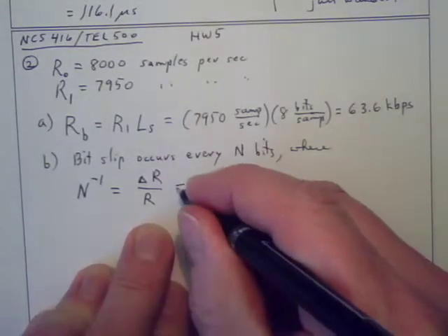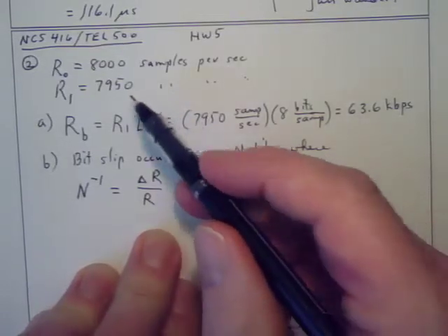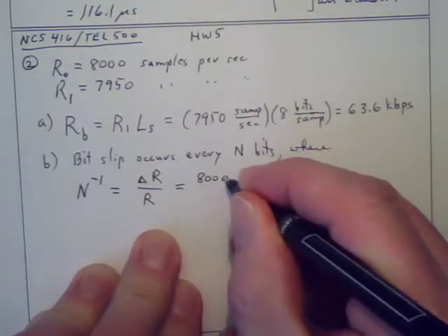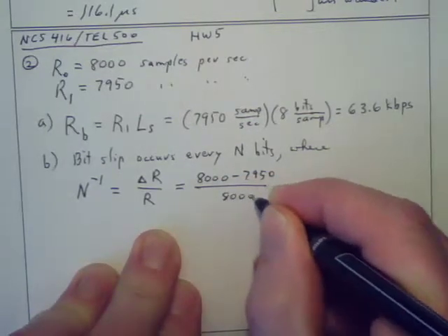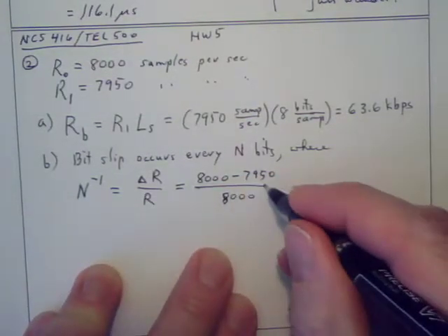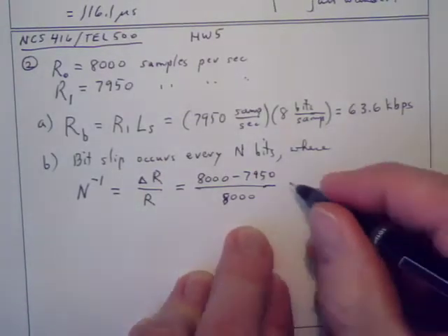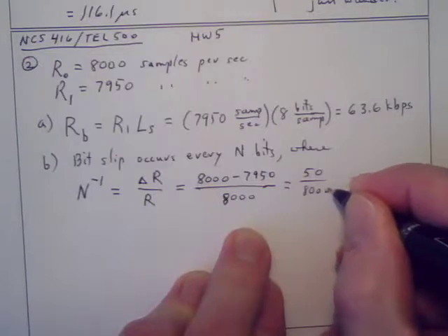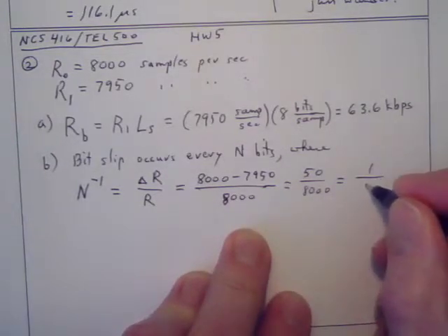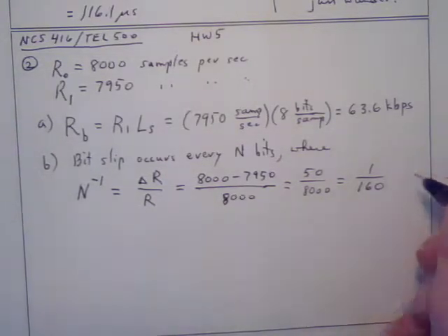And I can write then that delta r over r is 8,000 minus 7950, divided by 8,000. You could put 7950 in the denominator if you want. It doesn't change the answer much, which is 50 8,000ths, or 1 part in 160.